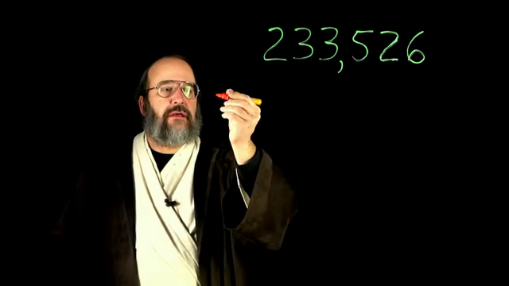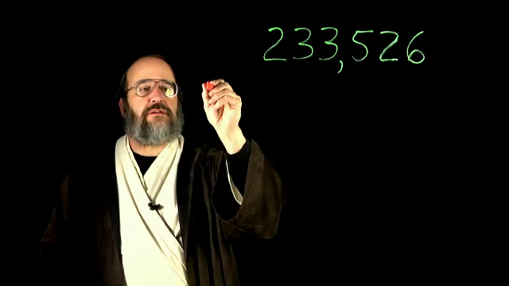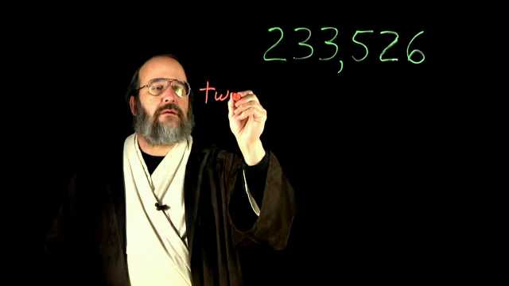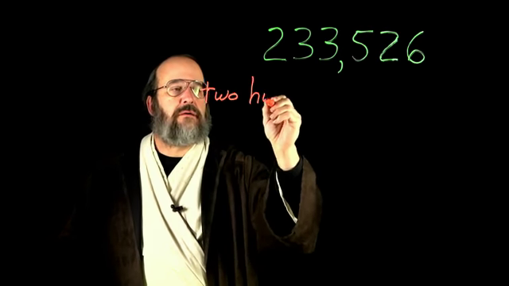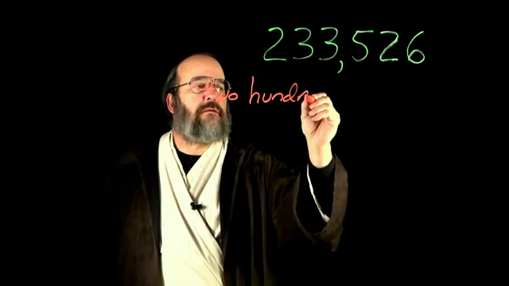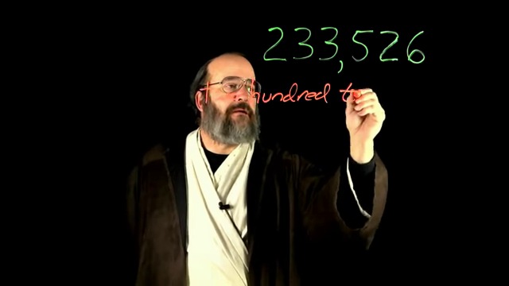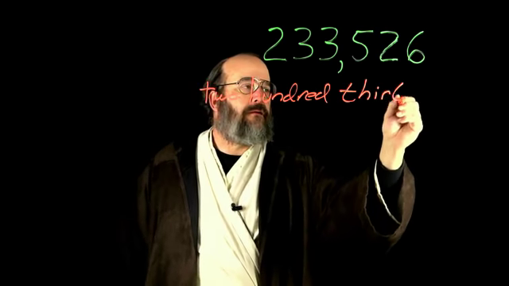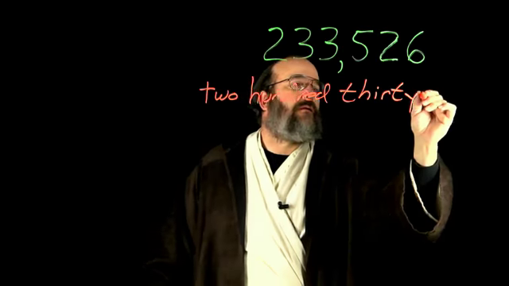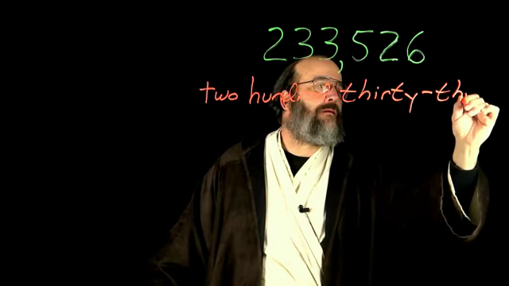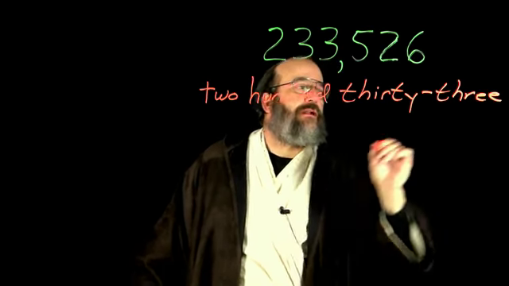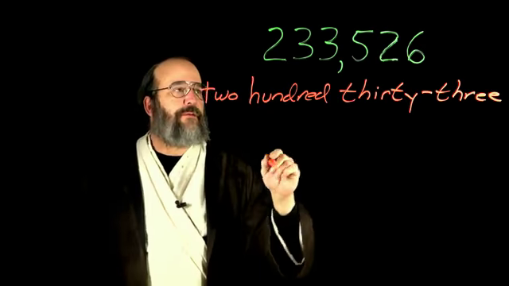So that's what we want to start out with. So we're going to start with 230, and here's the hyphen, 3. I'm limited on room right here, so I'm going to wrap it around.